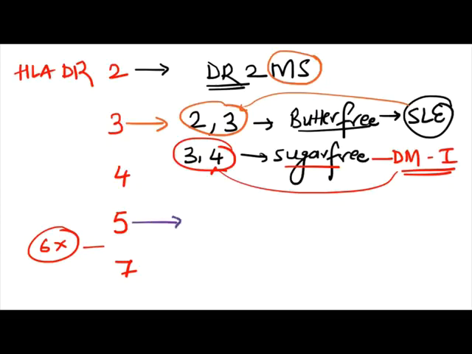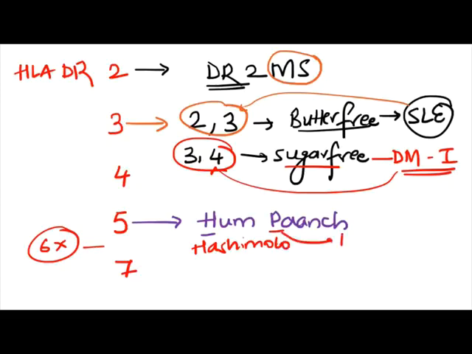Then we have DR5. So 5 is basically hum panch. So that stands for Hashimoto's and pernicious anemia. So 5 is associated with Hashimoto's and pernicious anemia. Then we have DR7.